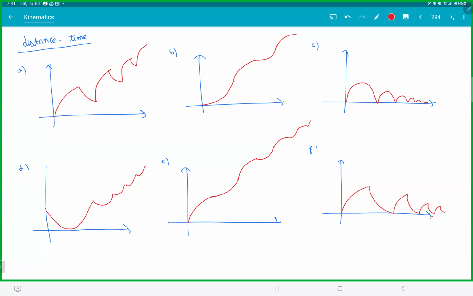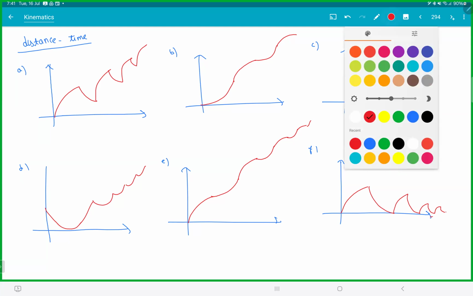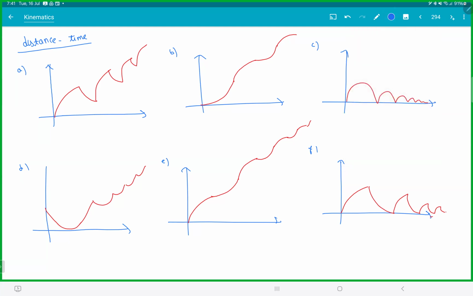Ansh, which is negative here? Nothing is negative. So the ones in which distance is decreasing is wrong, because distance is never decreasing. Type your answer, na. Let others also try, right? That's what I was saying. Let others also get a chance. Type your answer. You want to say something? Type your answer.